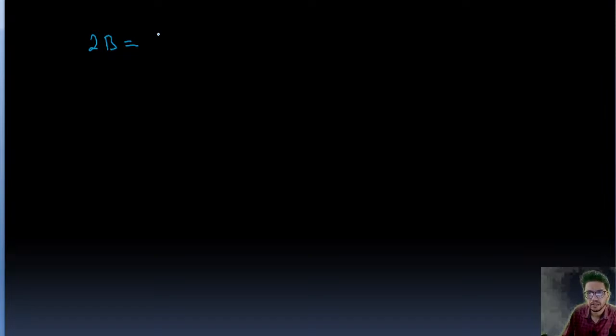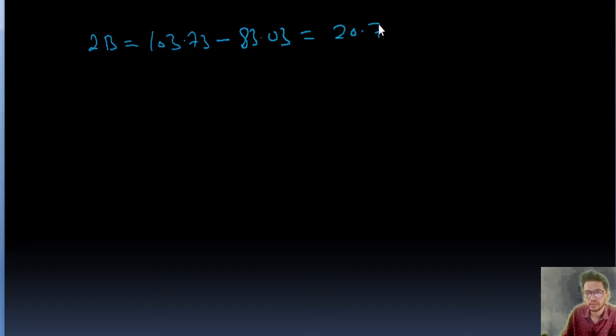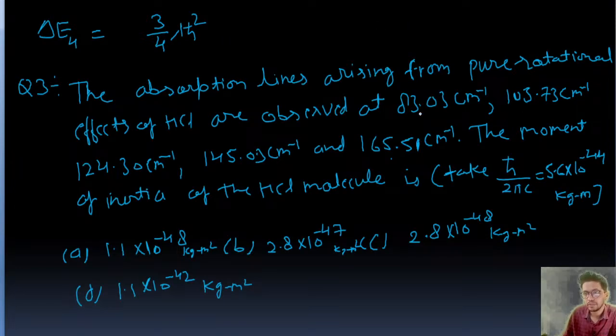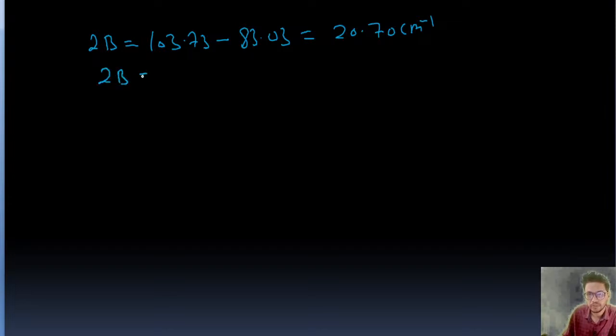So 103.73 minus 83.03, you can calculate it. This value is 20.70 centimeter inverse. Then 124.30 minus 103.73, right? So 2B is the spacing.